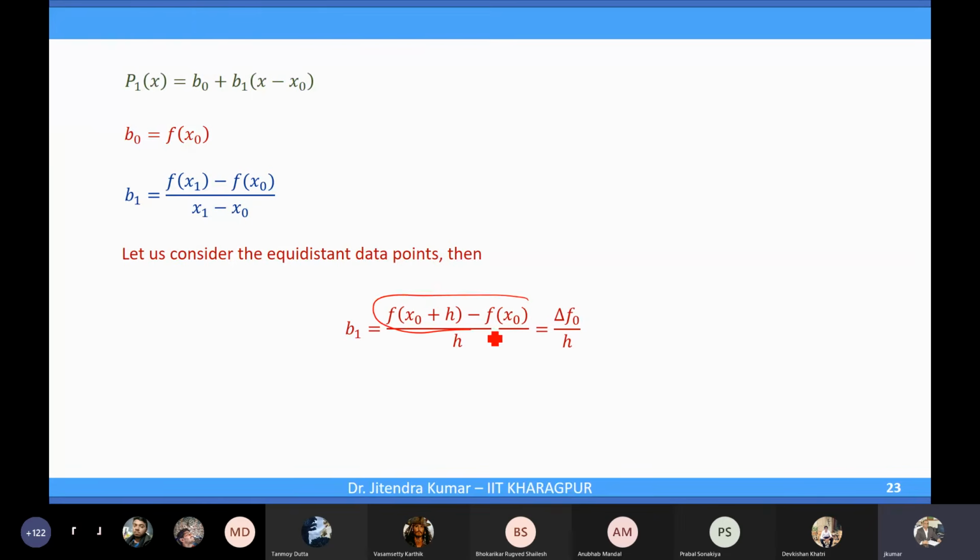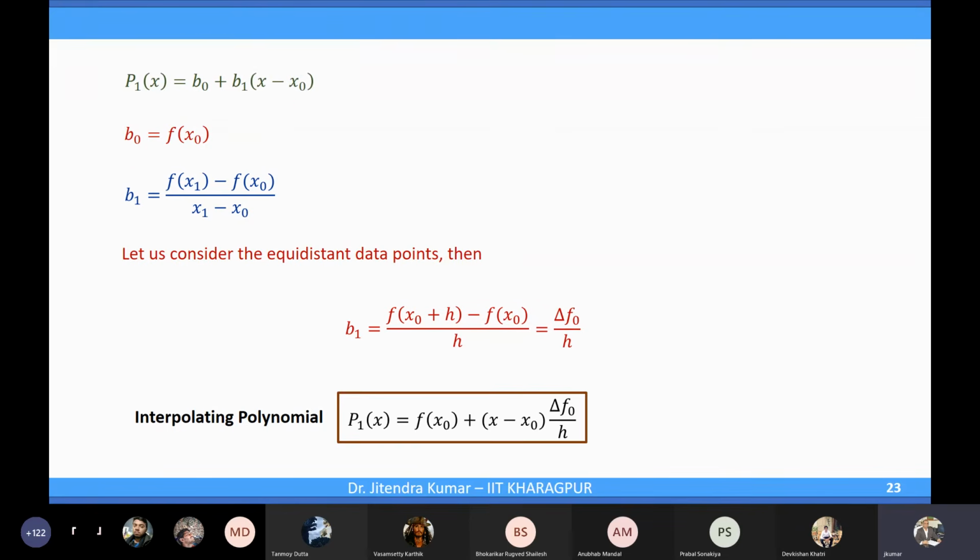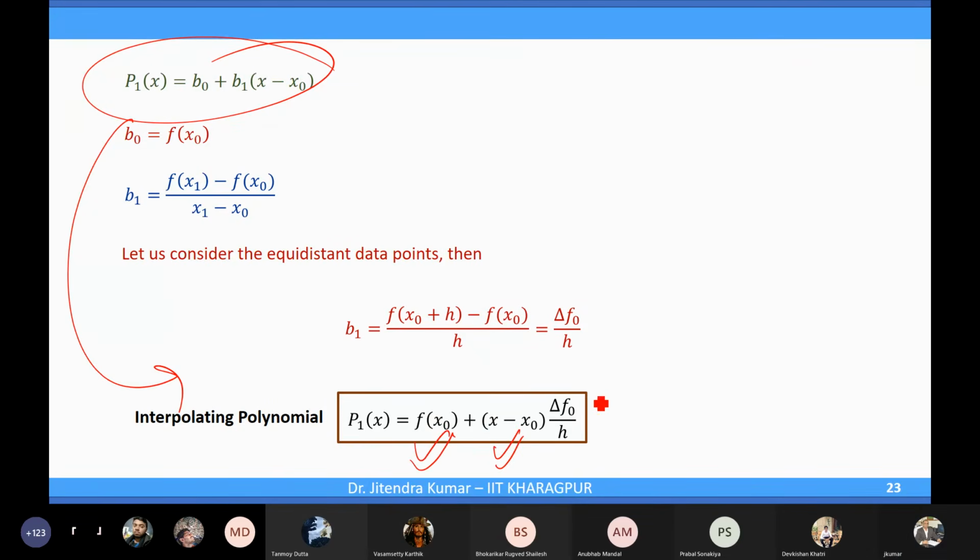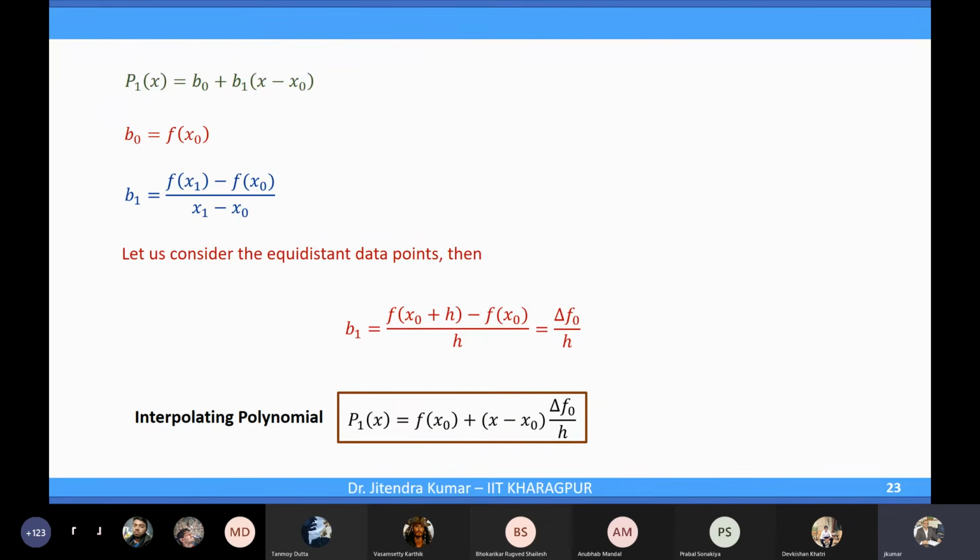This we now denote with the difference operator: delta f0 divided by h. So the interpolating polynomial, the straight line, is f(x0) + (x - x0) times the first difference operator divided by h. This is the equation of the straight line we have.